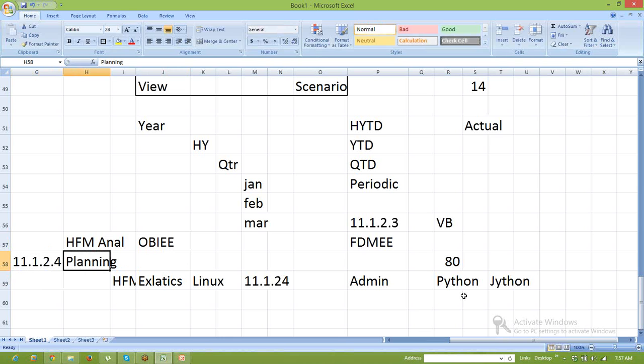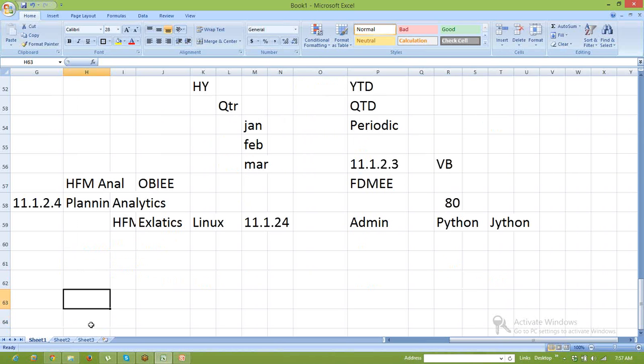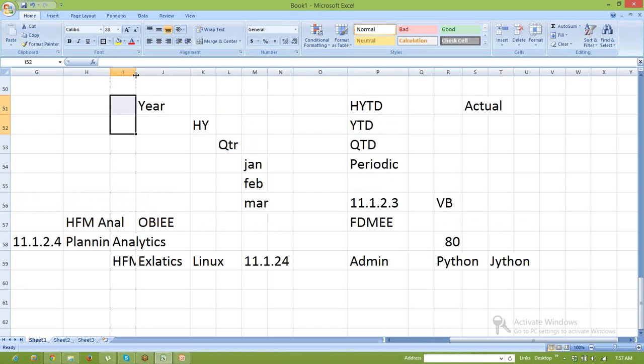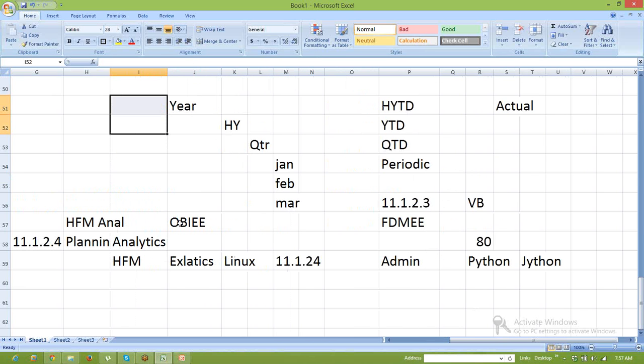Nothing but simply what they have done is they are giving the OBI dashboards directly, based on the frequent reports. Based on how the business frequently uses the reports, they have given HFM analytics and planning analytics. These are nothing but your OBI dashboards. You are integrating with your OBIEE, so you can see the data on OBIEE dashboards.